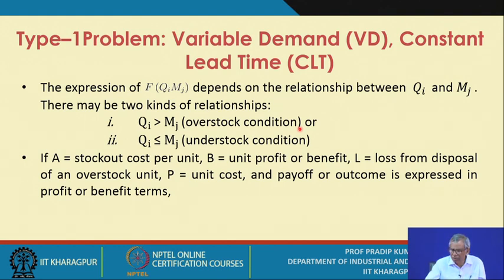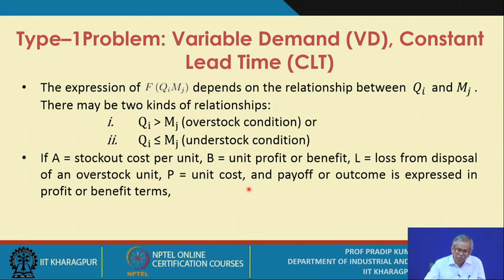Suppose your original price is 10 rupees, and you sell or salvage it at 2 rupees per unit. So per unit there is a loss of 10 minus 2, that means 8 rupees, from disposal of an overstock unit. So that we are considering.